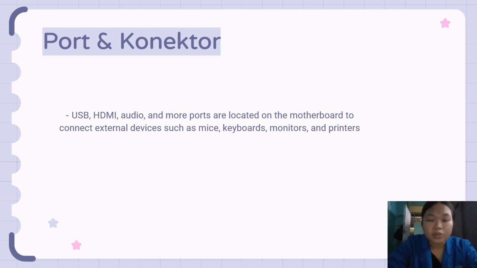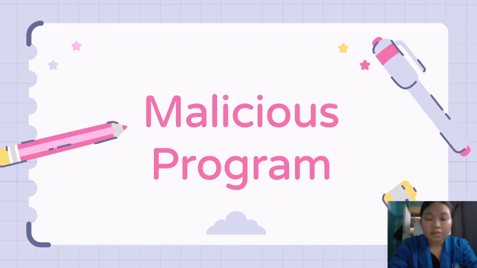As we know, like this USB, we also use it in our daily life, such as for charging or other things. Next, the second material, malicious programs, we will explain in the next slide.